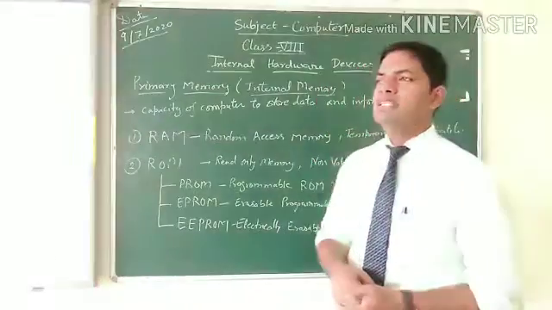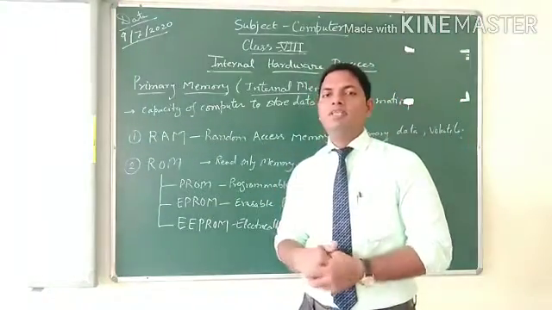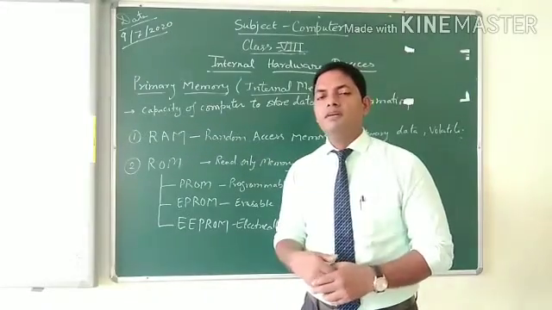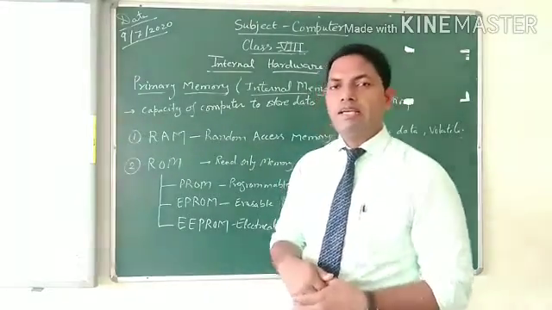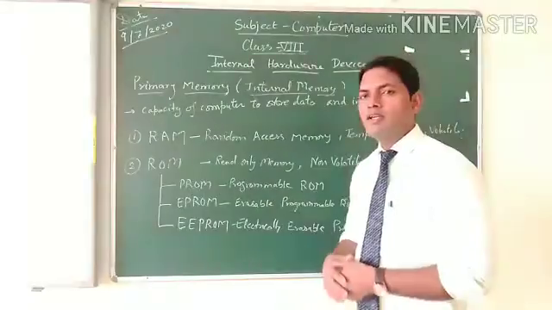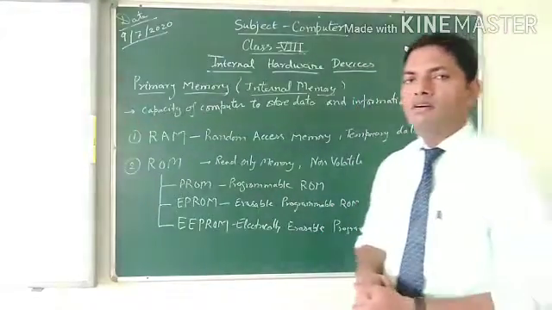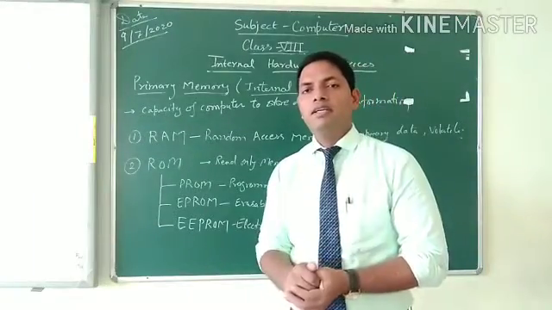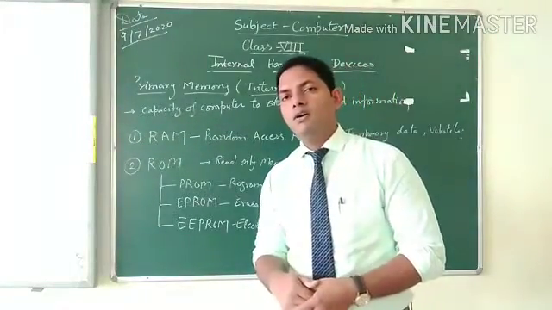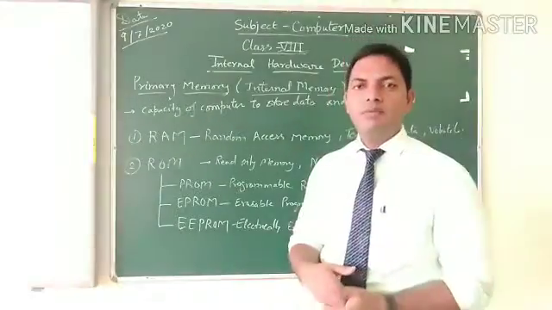Random access memory is a temporary memory. As soon as the power is switched off, the memory will be erased. All the data will be erased. It is called volatile. Volatile means it is changed or removed when the power is switched off.